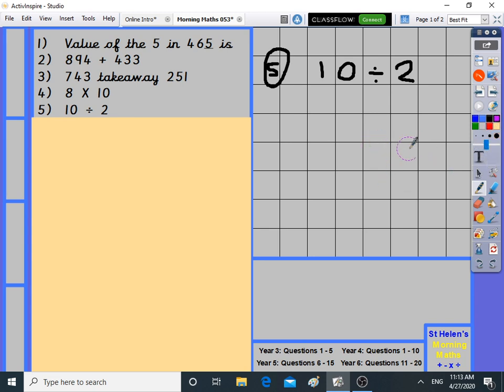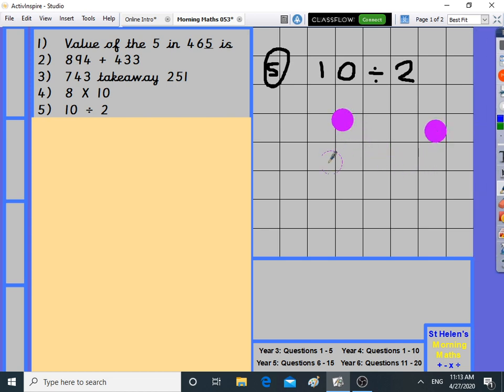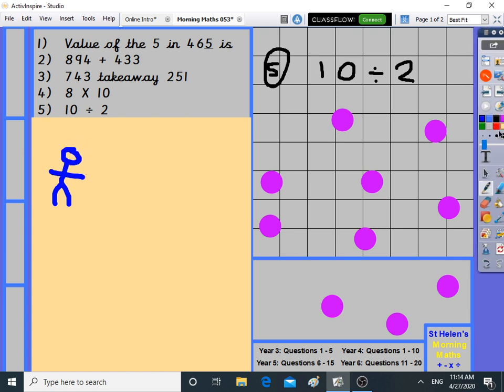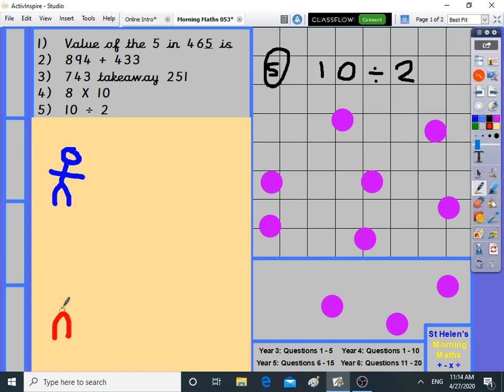There they are. 1, 2, 3, 4, 5, 6, 7, 8, 9, 10. There's 10, they're supposed to be sweets, alright? So I'm going to share them between this blue person over here and this red person over here.